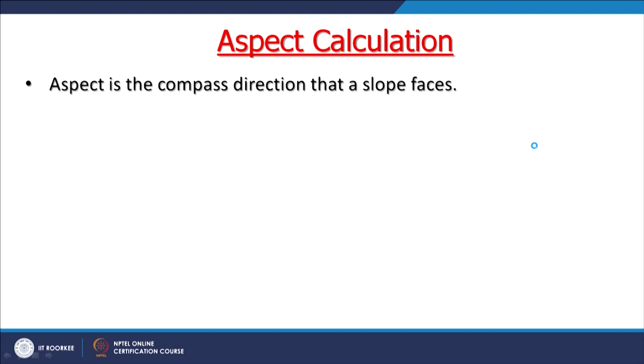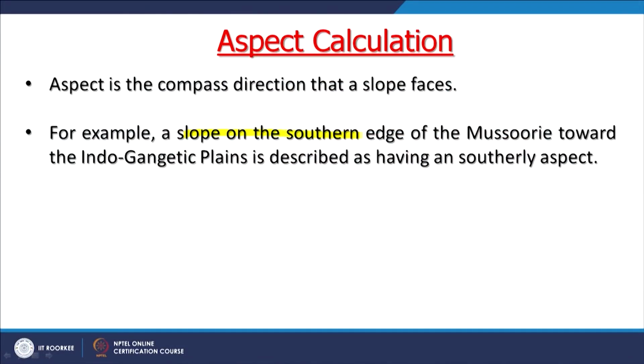Now, aspect is basically the compass or magnetic compass direction that the slope faces. For example, a slope on the northern edge of Mussoorie towards the Indo-Gangetic plains is described as having a southerly aspect, a slope facing southward on the ridge.